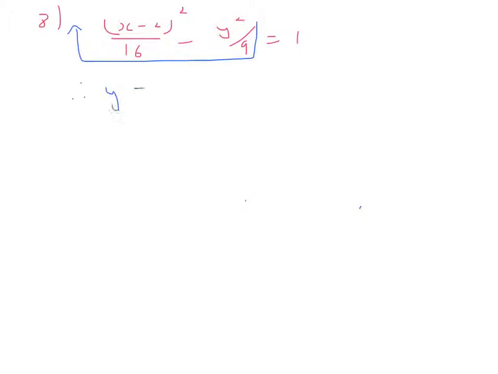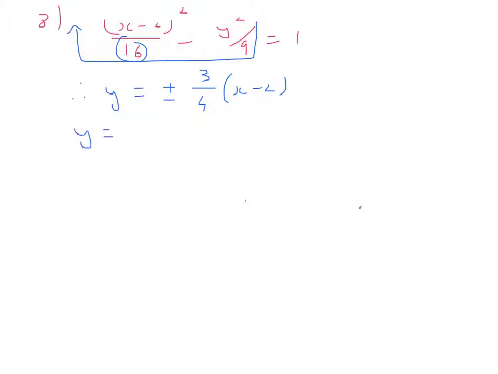Question 8. Asymptotes. Okay, so let's have a look. X minus 2 squared over 16 minus y squared over 9 equals 1. So the first thing we do is follow the box. So therefore y equals plus or minus the square root of 9, 3, divided by the square root of 16, 4, bracket x minus 2. Let's expand.